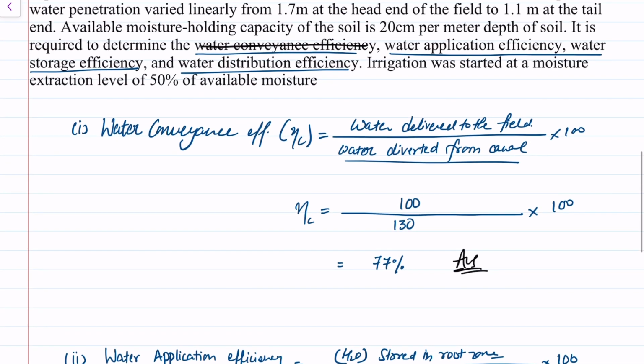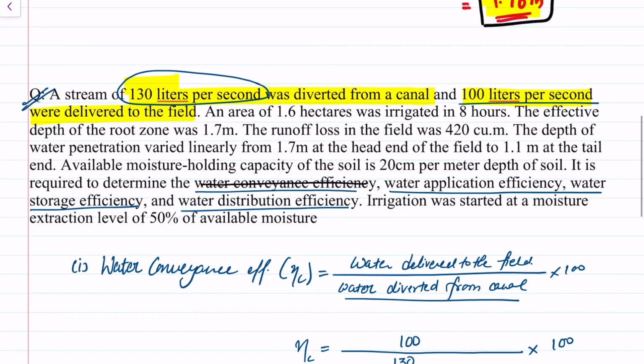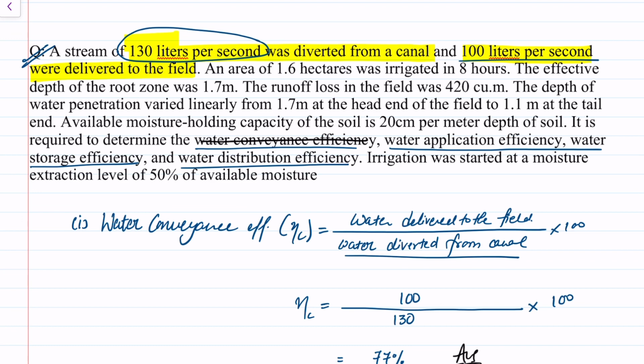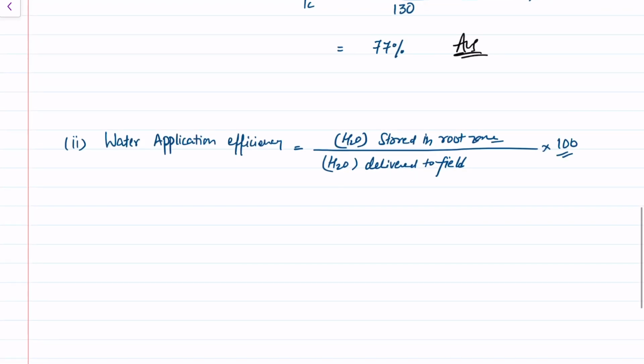Now, if we observe, the water delivered to the field has been provided, that is 100 liters per second. Let's write it down: the water delivered to the field, the given parameter in this case, is 100 liters per second.